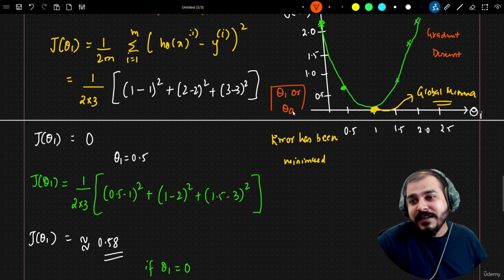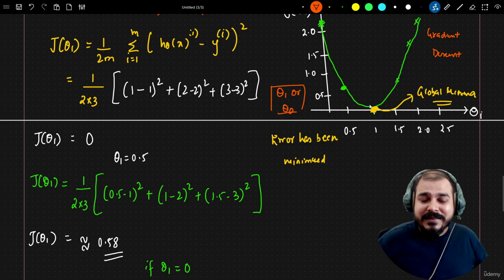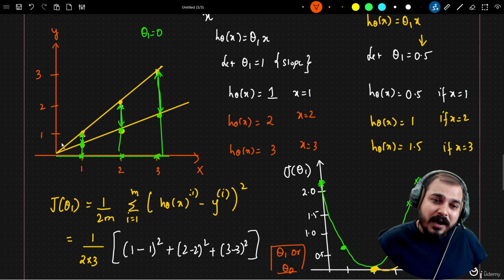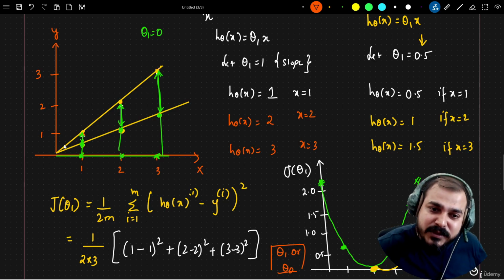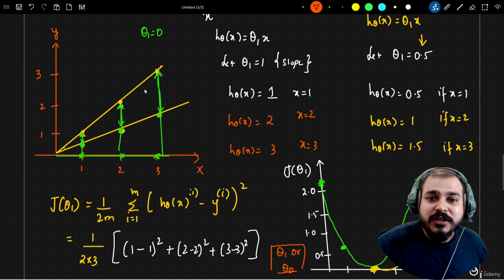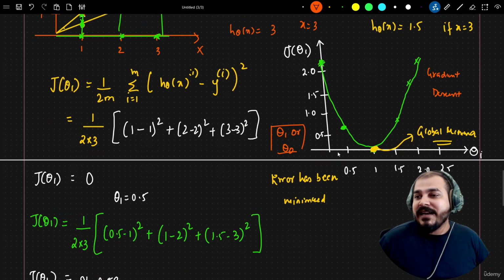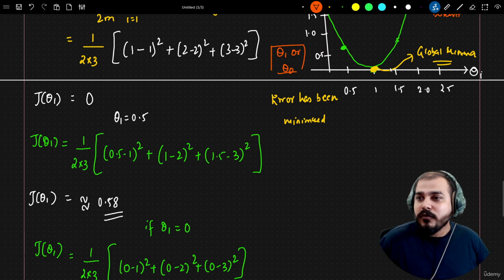So unless and until we get this particular point, that basically indicates that we are going to get our best fit line. So here you can clearly see that at this specific point the cost function was 0. So that basically indicated that I did not have to move much over here. And this basically indicated my global minimum.